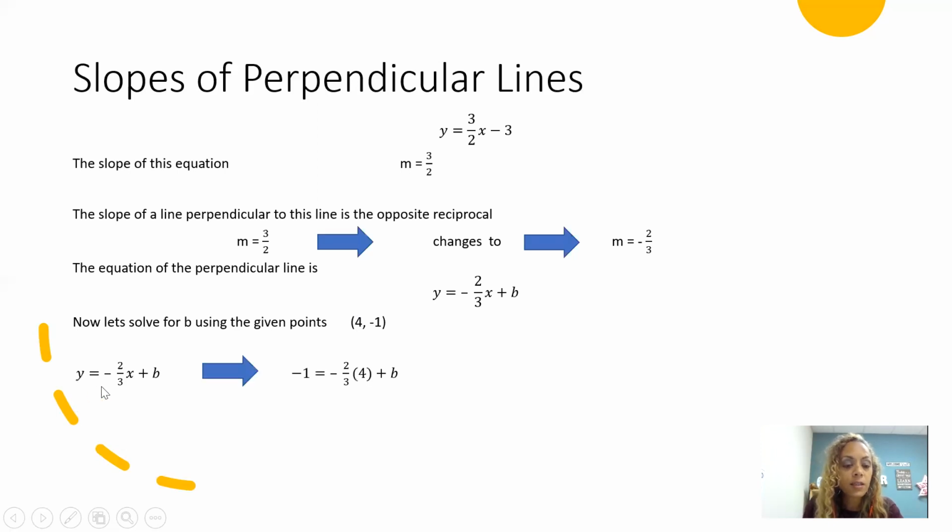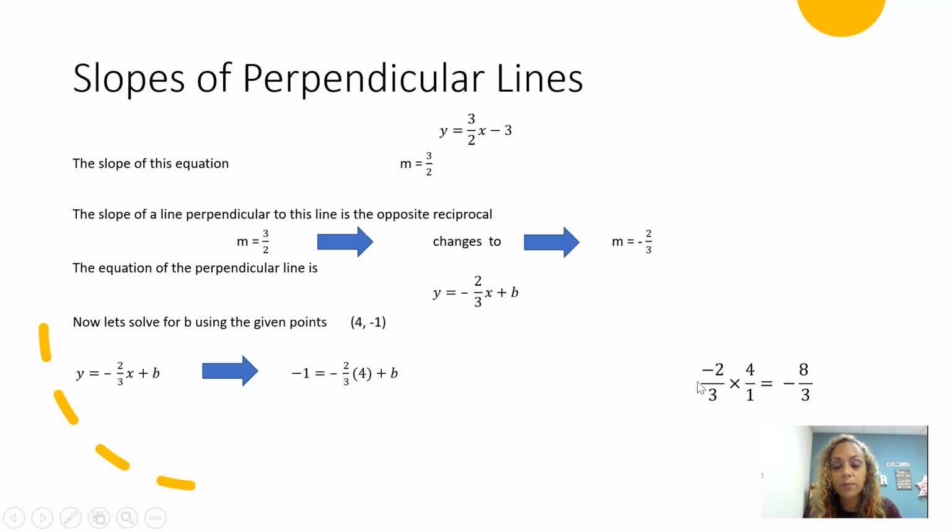So we have y is equal to -2 over 3 x plus b. I'm going to plug in my two terms: -1 for my y is equal to -2/3 times 4, which is my x, plus b. If you don't remember how to multiply fractions, remember there's an imaginary 1 underneath this 4.